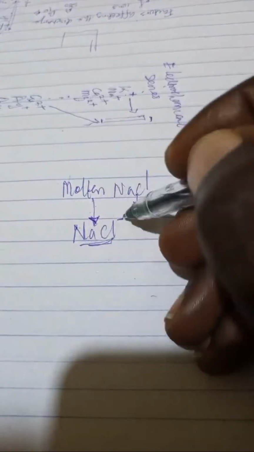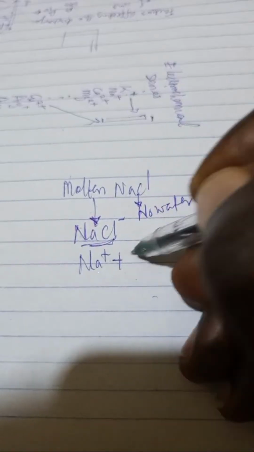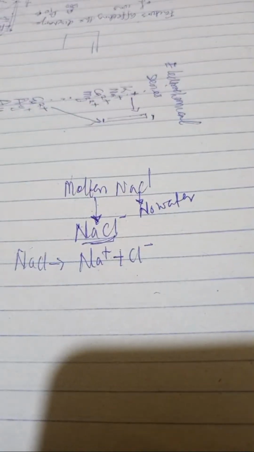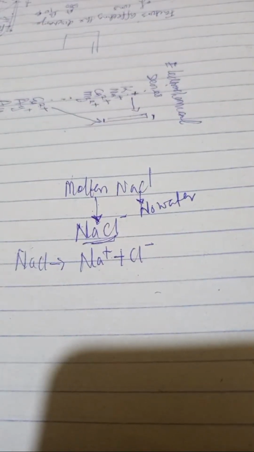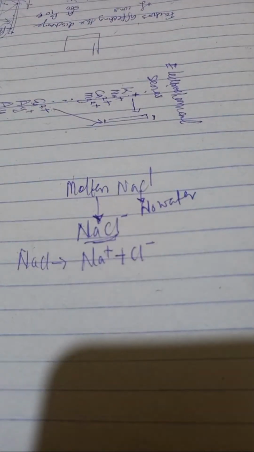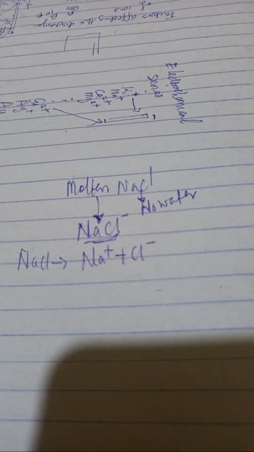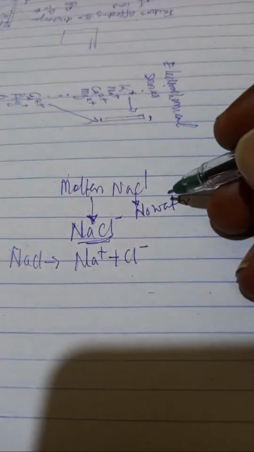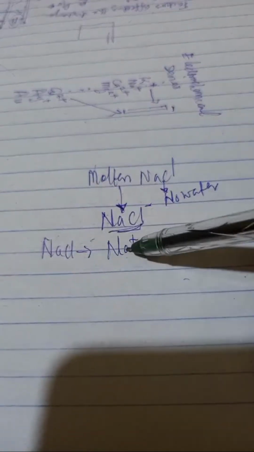So this is the only stuff we're going to have: Na plus and Cl minus. In this place will be NaCl only. There's no water there. So you're going to get this.